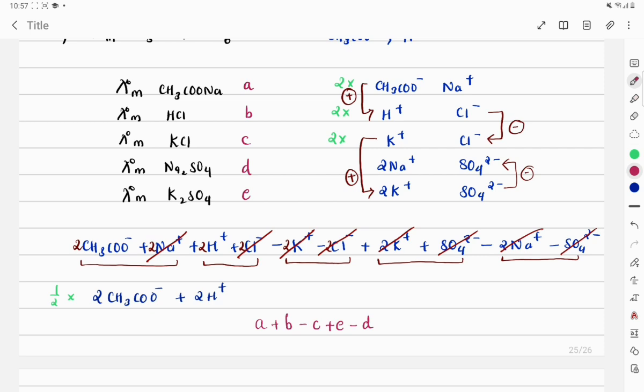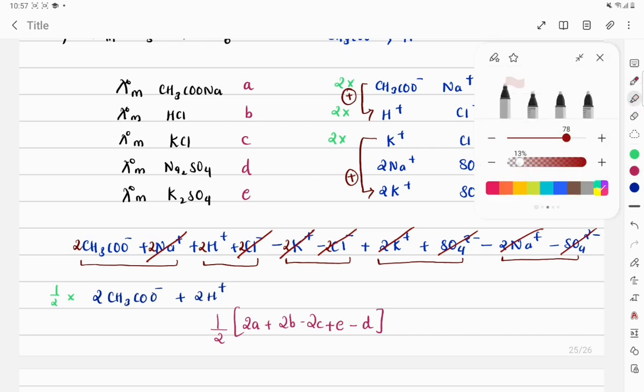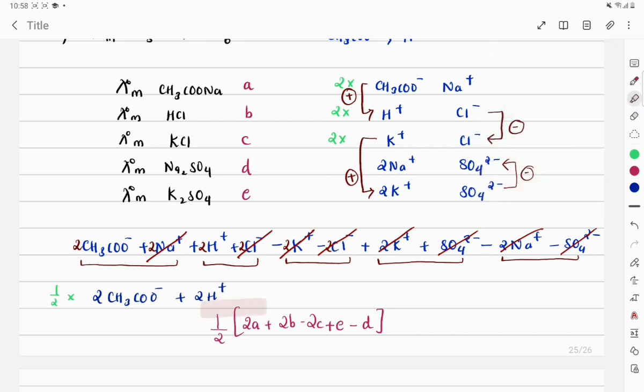A has been multiplied by 2, B has been multiplied by 2 and C also. So 2A, 2B, 2C. We'll have 2A plus 2B minus 2C. And the entire thing should be halved. So my final answer is half into 2A plus 2B minus 2C plus E minus D. This is how it is going to be. Okay, this is the final answer.